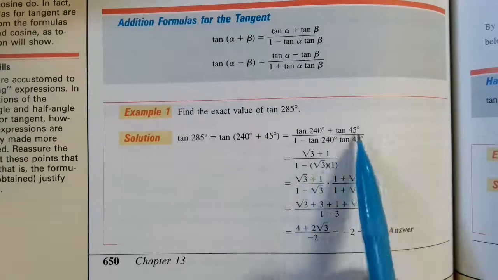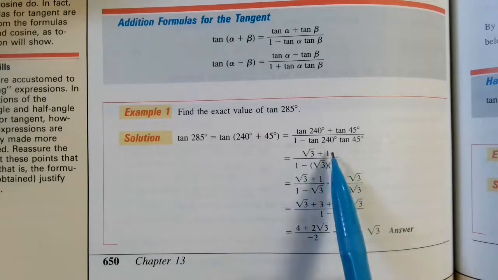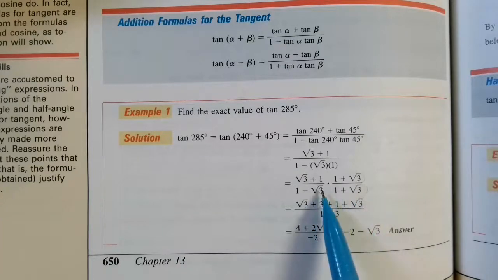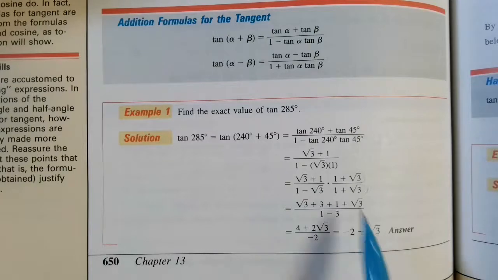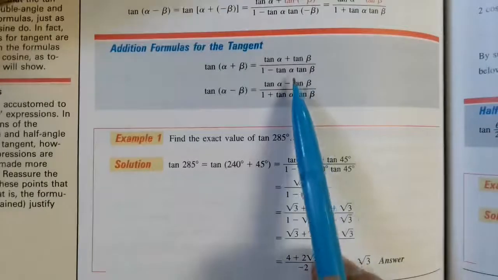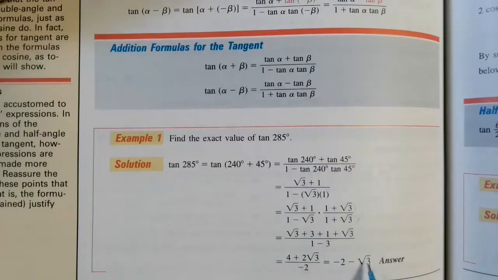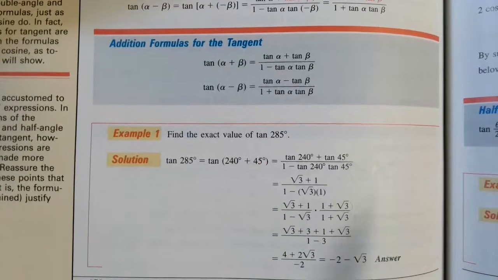Square root of 3 plus 1 over 1 minus square root of 3, multiplied by the complex conjugate, because you can't have the square root stuff in the bottom. Simplify, and then there's our final answer. So you're simply remembering this formula, using the chart to find the numbers, and then plugging everything in to get the answer. Okay, let's try another one.